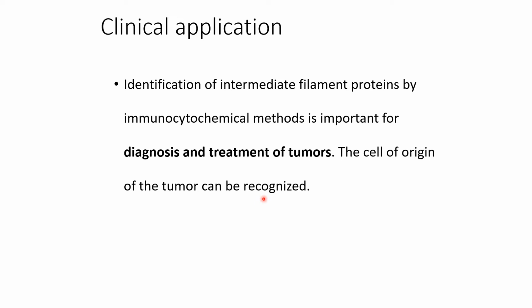I take a biopsy and study the immunocytochemistry, trying to detect these types of intermediate filament. For example, if these filaments are neurofilaments, so I know that neurofilaments are present in the neuron, so most probably this tumor comes from the nervous tissue, and so on.